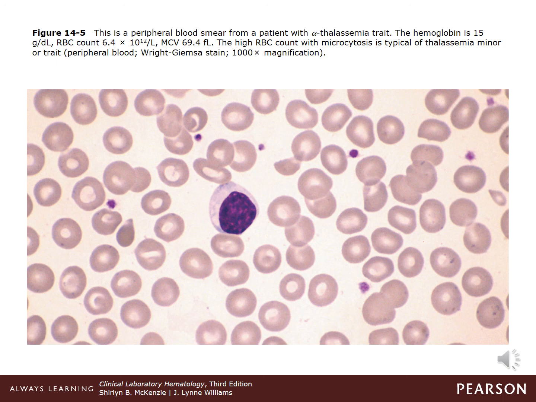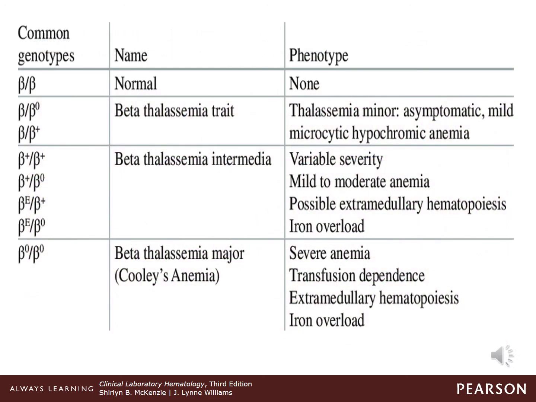They may not be symptomatic at all. You might see a few target cells and possibly a slight microcytosis. For treatment of these patients, usually if they're asymptomatic, they lead a normal life and they don't need any kind of medical intervention.